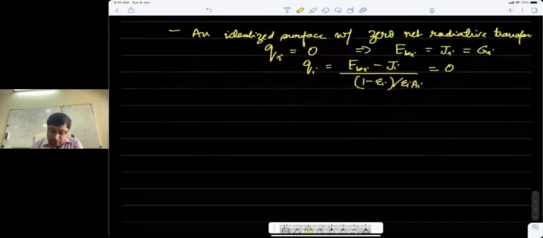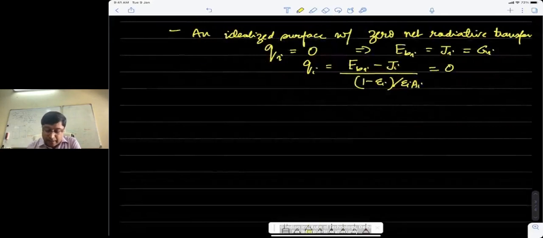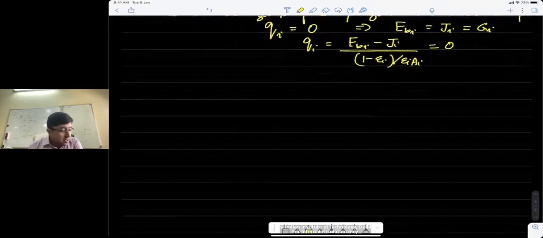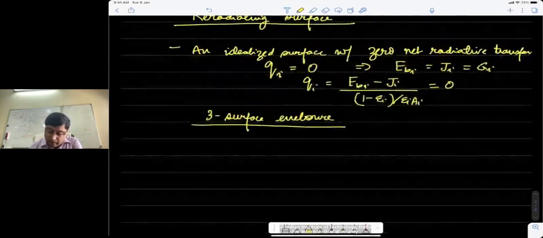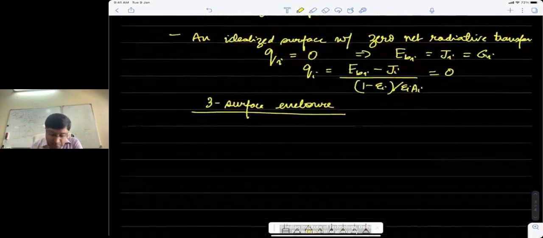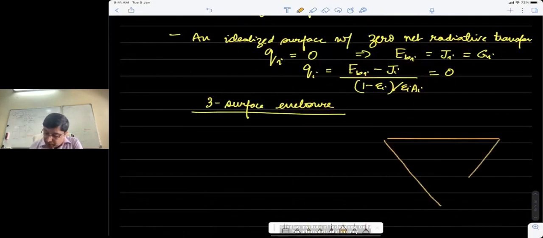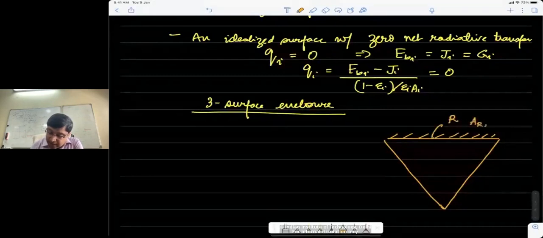So to show you how this works, as I said, we will take a 3 surface enclosure, and I will take one of those surfaces to be a re-radiating surface. Okay, and we will use this concept now. Let's say the enclosure is in the form of a triangle, and we have the top surface, which I'm going to label as surface R, whose area is AR.